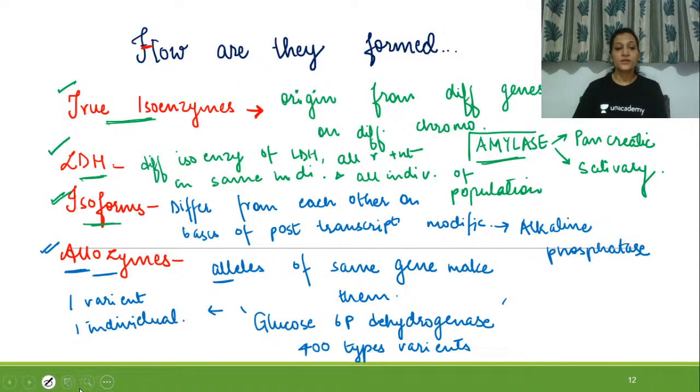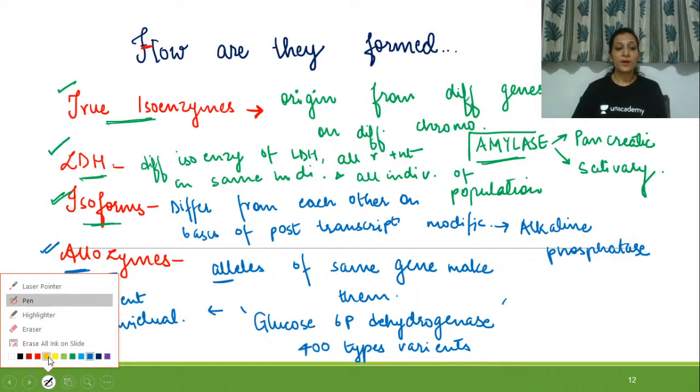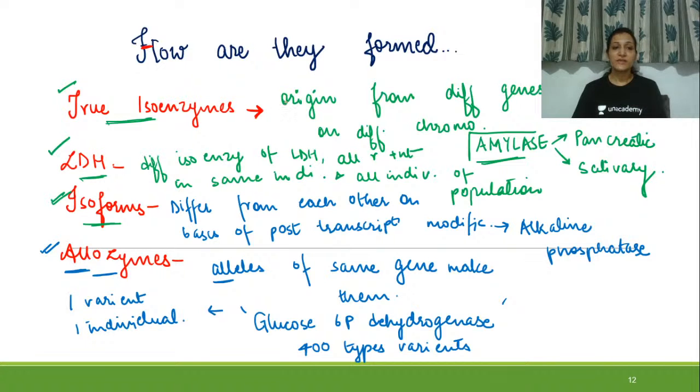Right? So we have understood the origin of these isoenzymes. True isoenzymes, what was the example? Amylase. LDH is itself a class. They are present in the same individual, in many forms, and they are present in all the individuals of the population.